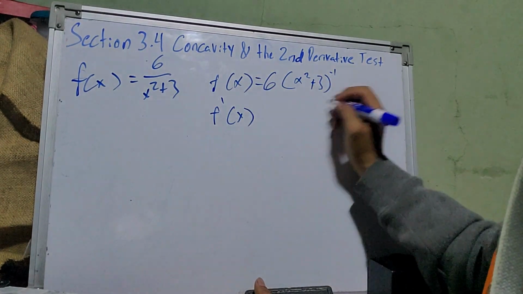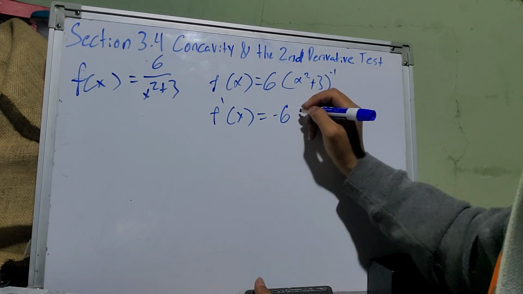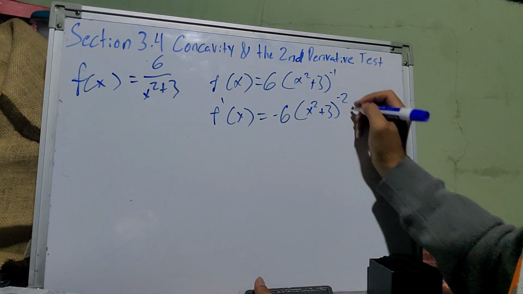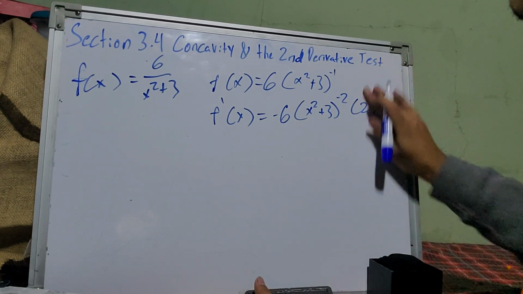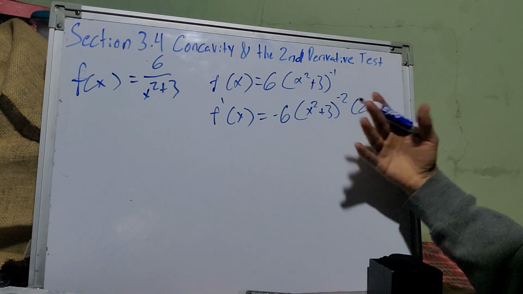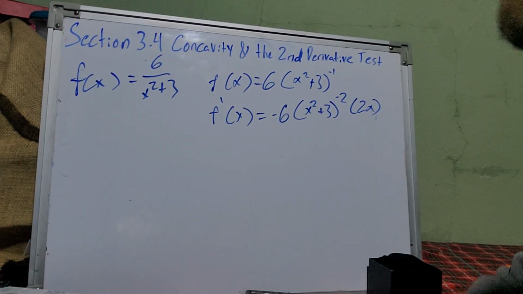Then to find the derivative, it would be negative 6 times x squared plus 3 to the negative 2 times 2x, after using the chain rule.